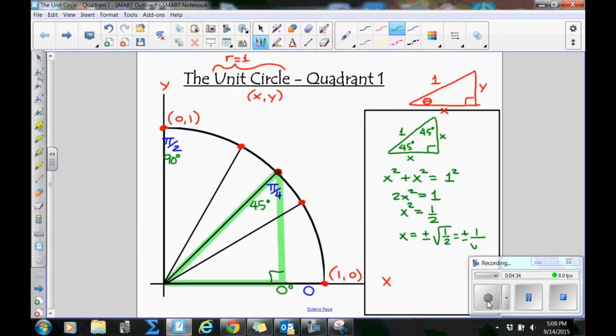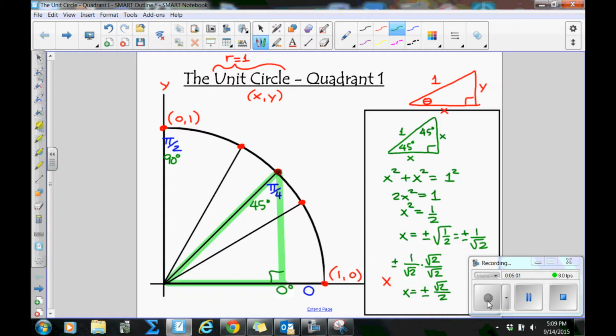Square root of 1 is 1 over square root of 2. And we need to rationalize. So the length of my legs is positive or negative root 2 over 2. Of course, the length is always positive, a negative might appear depending on the quadrant.